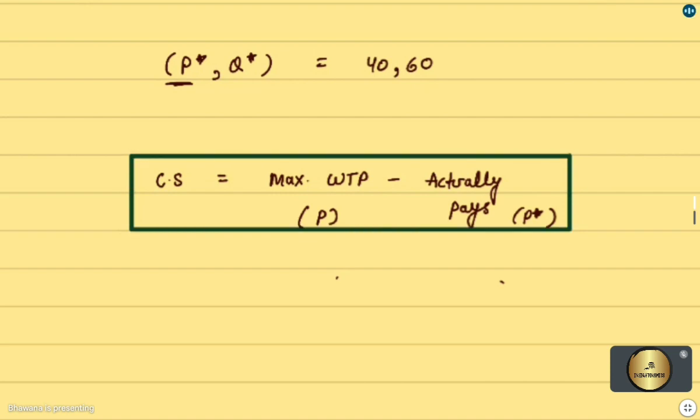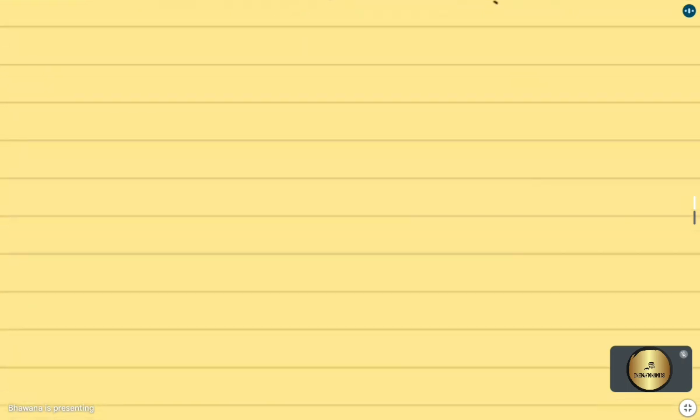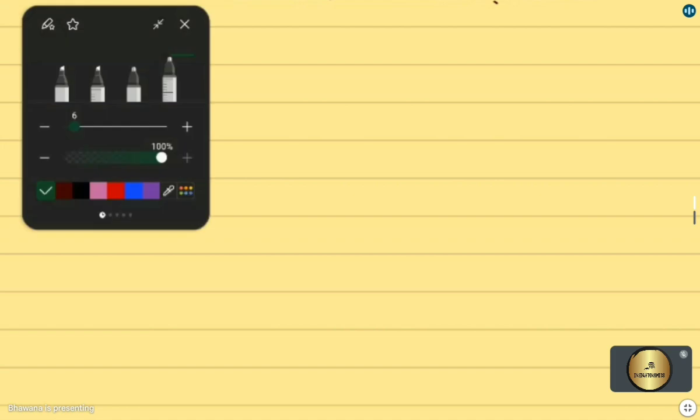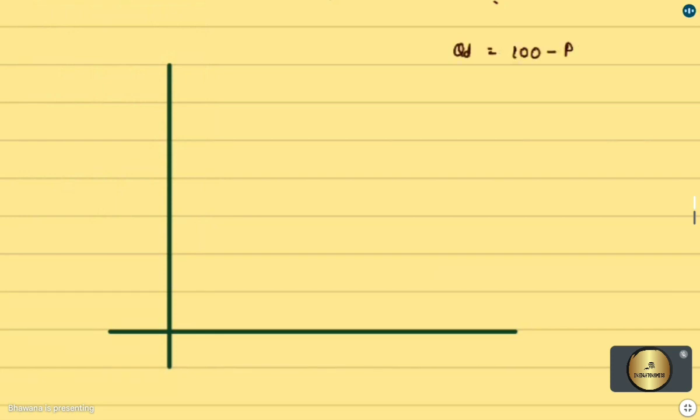Now we have to derive it based on these functions, and I'll also tell you how you can find the area of consumer surplus. First let me draw a graph. We have QD is equal to 100 minus P. Here you have price on the vertical axis and quantity on the horizontal axis.